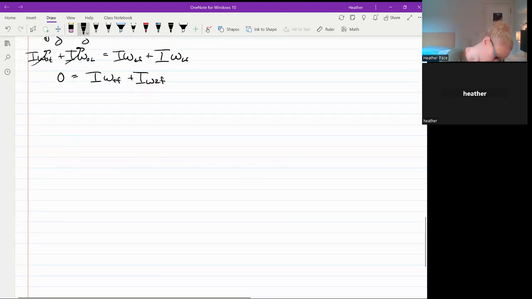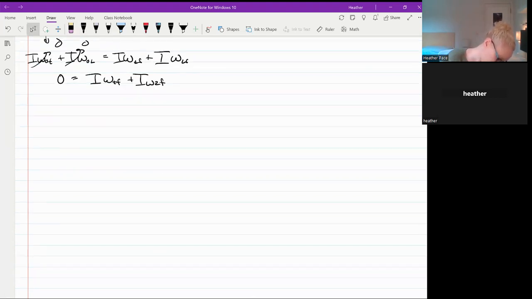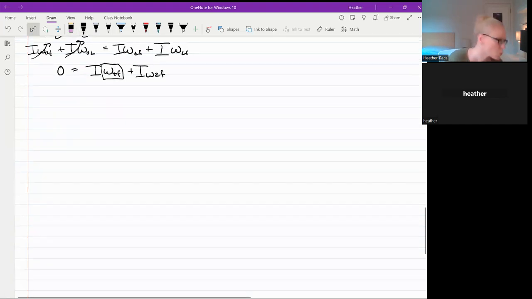So we are looking for, what is the direction usually? Oh, okay, the turntable. Okay, so we're looking for this. So we can say negative I omega TF equals I omega LF.